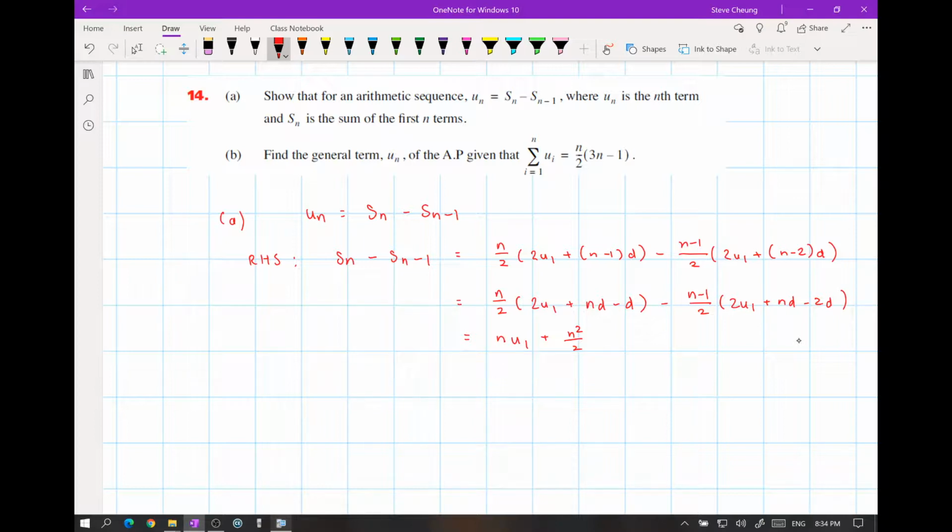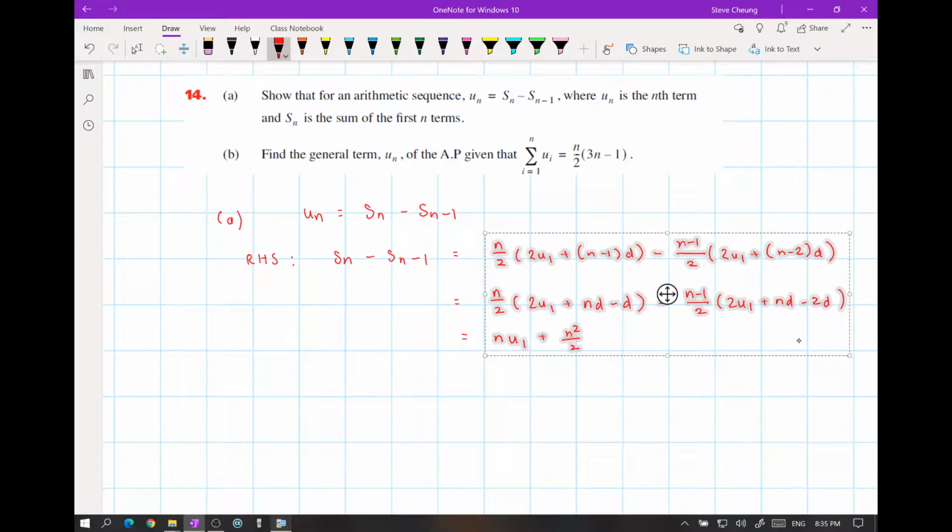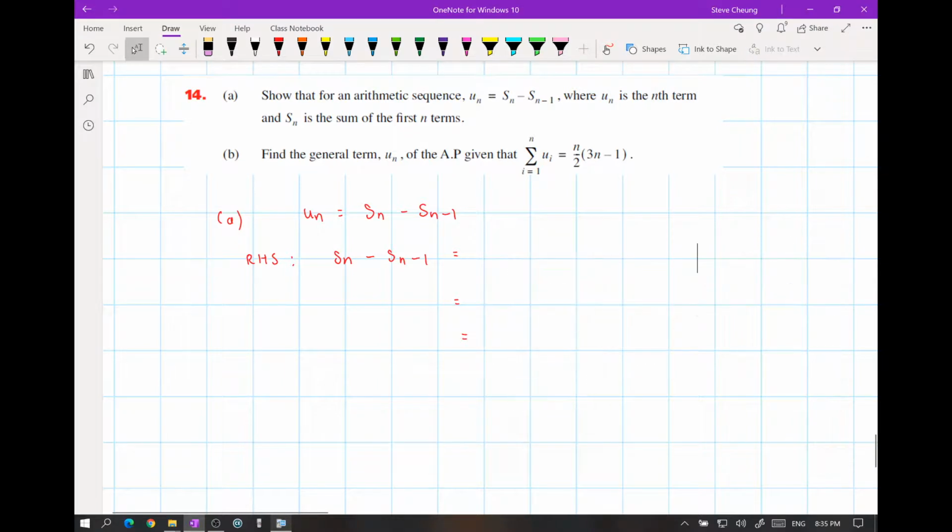What can I do? Because there's no u_n here. I have to use u_n somewhere here. Maybe it's easier if I use the first term and last term formula so that u sub n is included. Okay, let me delete this. So I'm going to use, I think this formula will be easier.